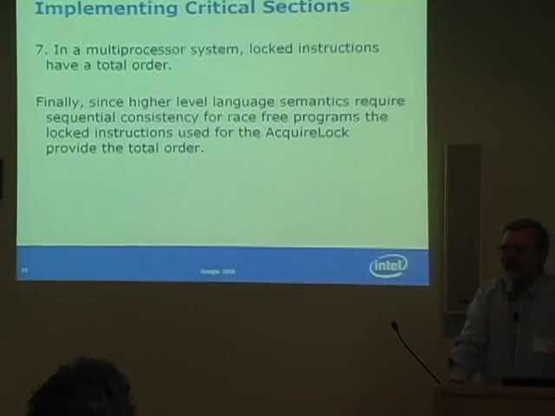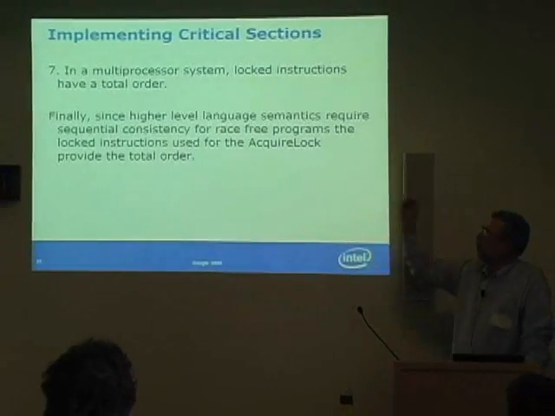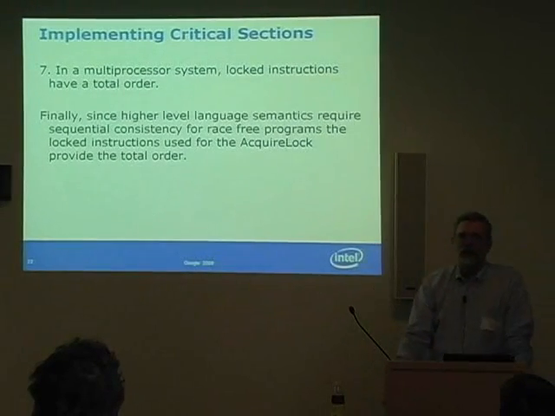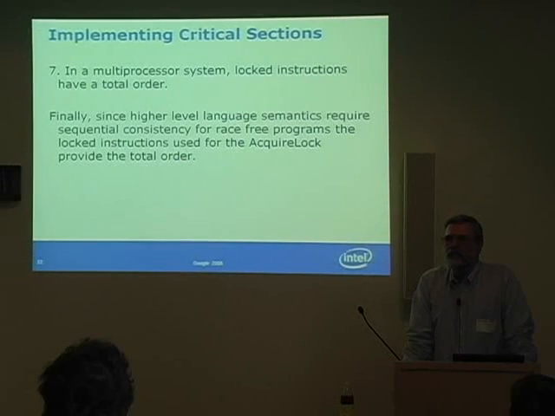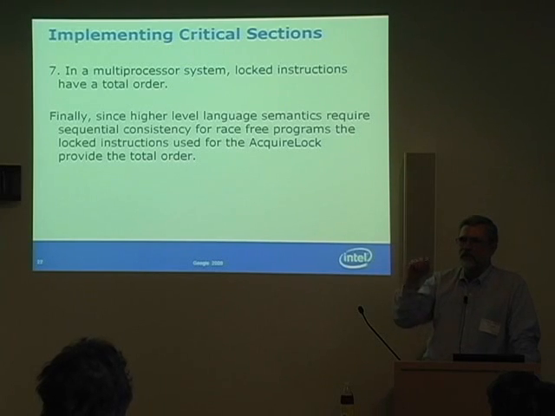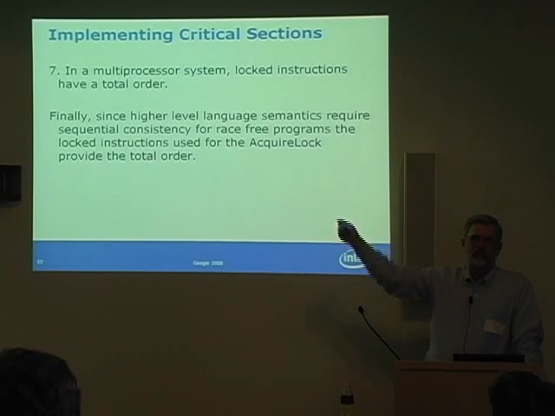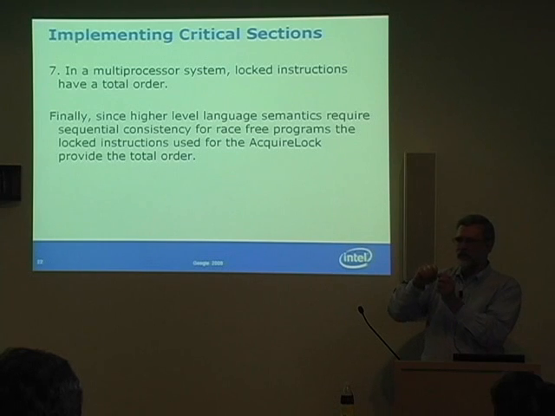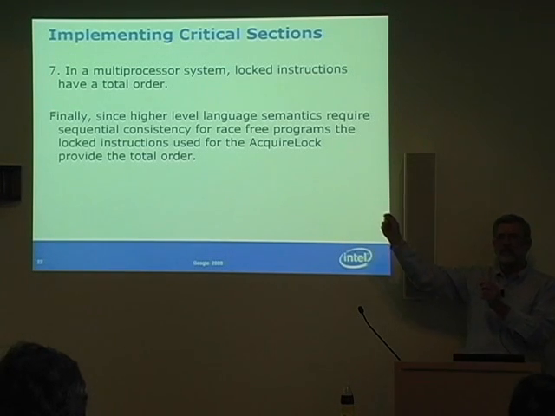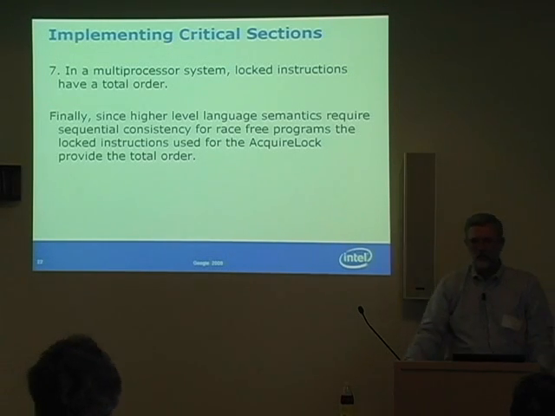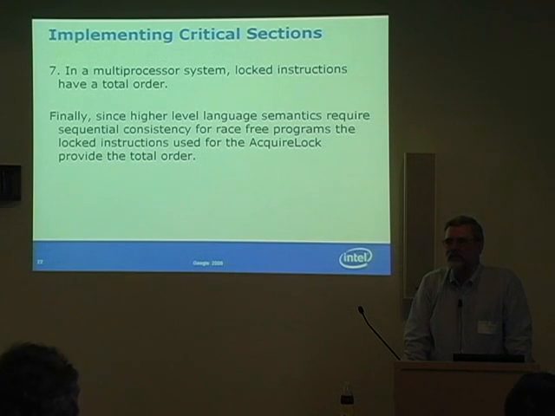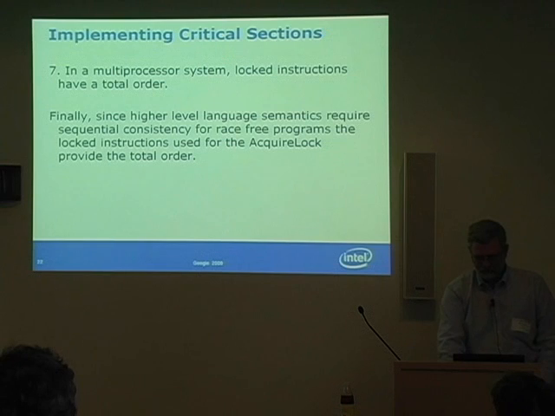So in order to enter a critical section, we always have a lock instruction, and we're going to use that to always have a total ordering. And if you think about it a little bit, you'll realize that if someone else is going to enter a critical section, they're going to do it with a lock instruction. So you can tie together the release and the lock instruction. And with a little work, I'm sure you can come up with a proof that says that the critical sections are actually sequentially consistent.